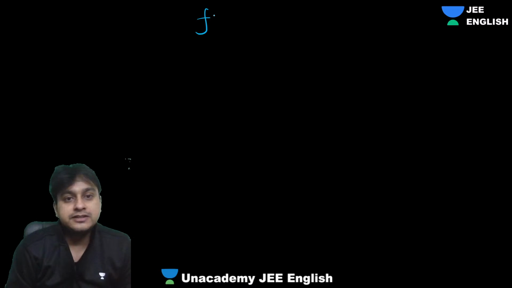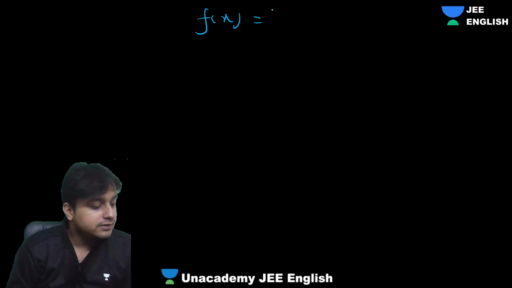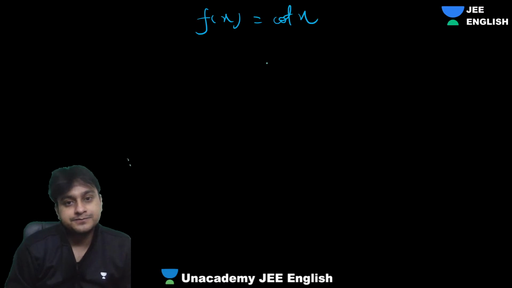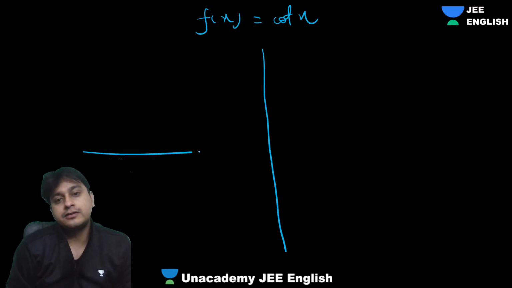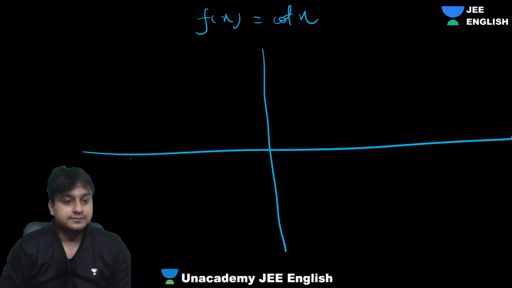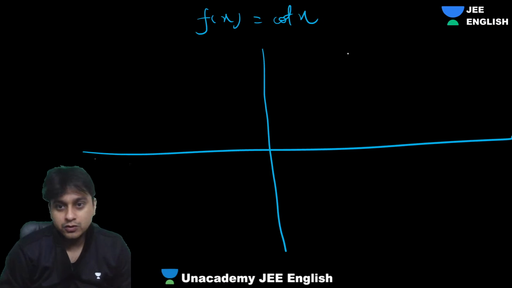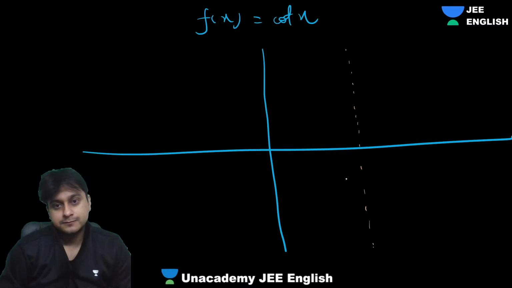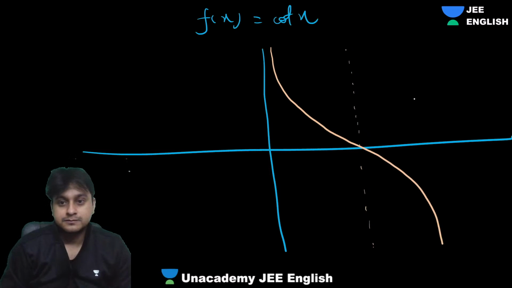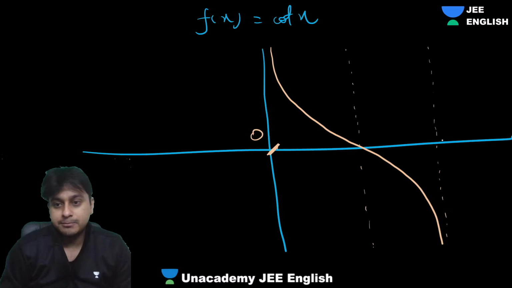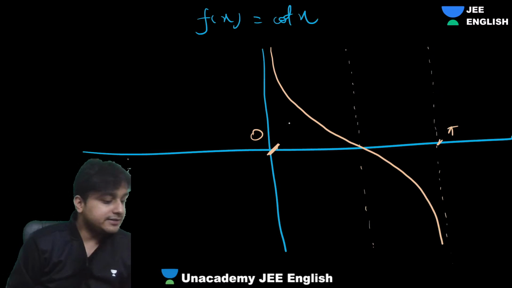Okay, so guys, this is f of x equals cot x. Right, cot x. Now we have this one. Okay, so the graph is like this. Now this is the point 0, this is the point pi. Now in this it is invertible, right guys?